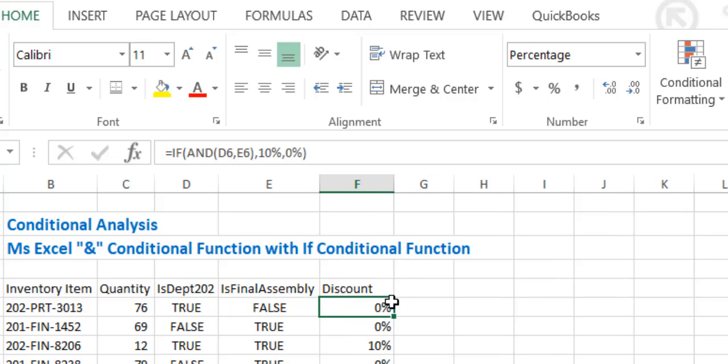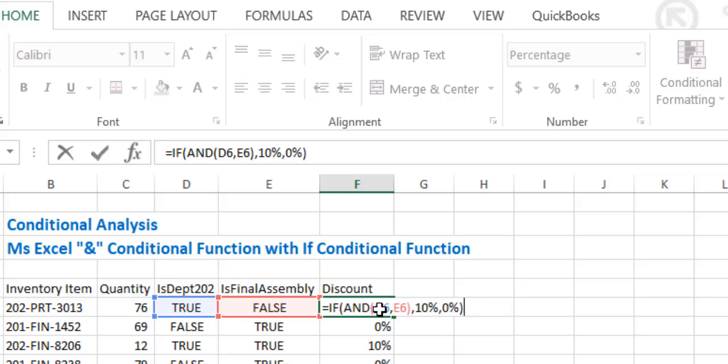And the last, in the decision or result cell, we are giving the formula: if and D6 comma E6, then this parenthesis closed, comma 10% comma 0%. Now Microsoft Excel by default understands this situation: if AND D6 and E6, this means that if D6 is true and E6 is true, then give a 10% discount, otherwise a 0% discount.